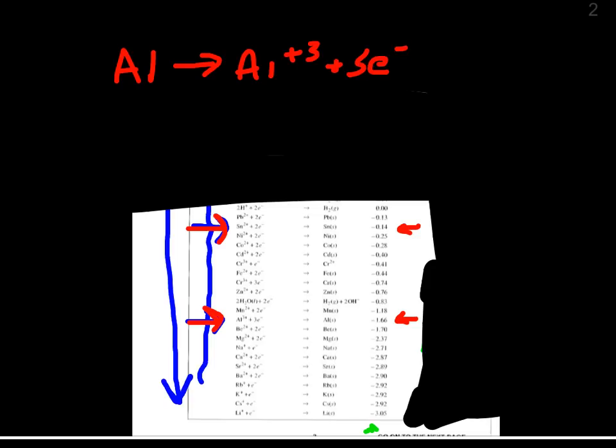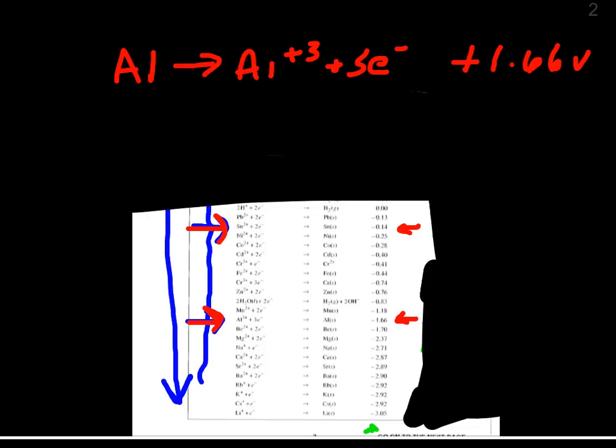The voltage from this chart tells me it's going to be a positive 1.66 volts. And that positive came, like I said, because I flipped it, because it's going to be oxidized. And I determined it being oxidized because it's lower on this particular chart. It's closer to lithium. Could be higher, like I said, but anyway, I won't go into it again.